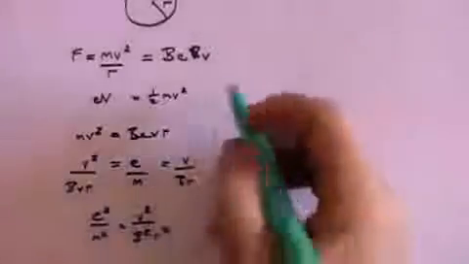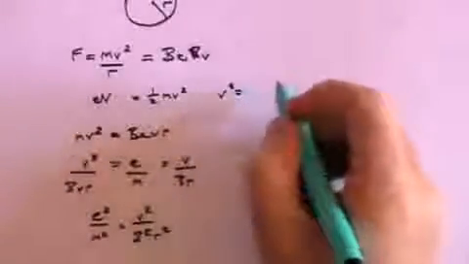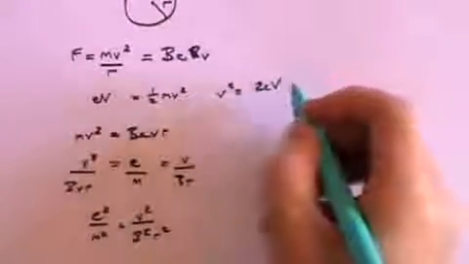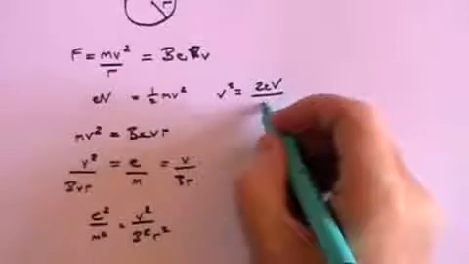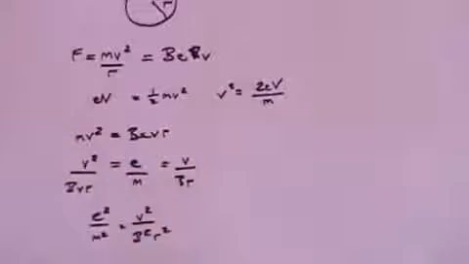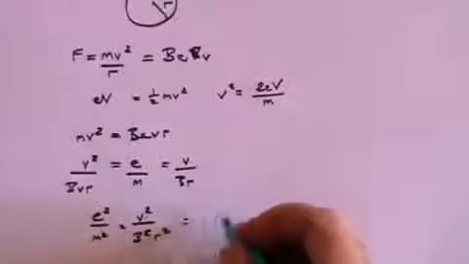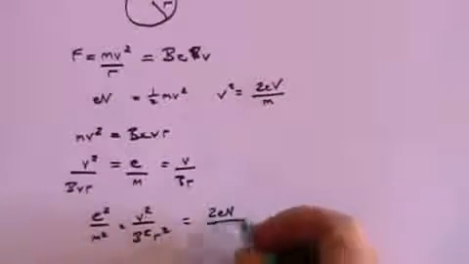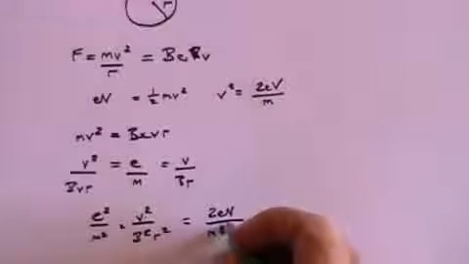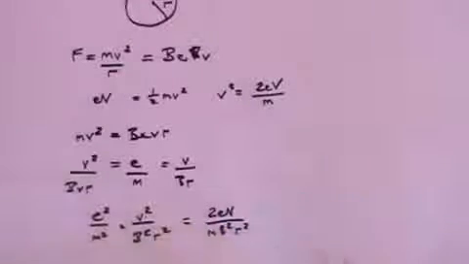And now from this equation, v squared equals 2eV divided by m. And we're going to substitute that v squared for that v squared. So now we get 2eV over m B squared r squared.